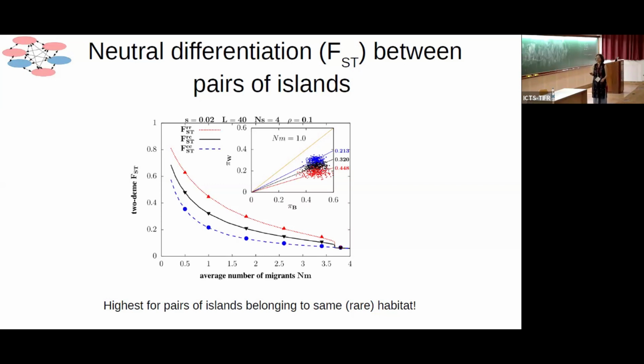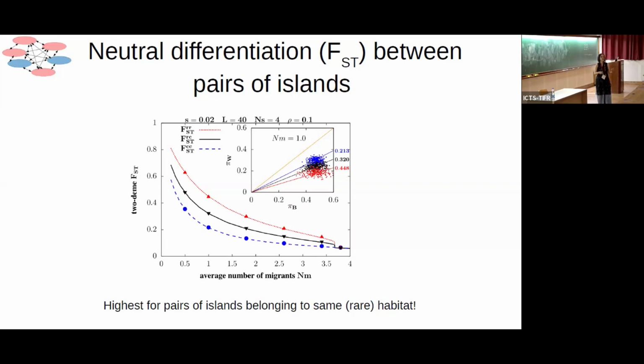But of course, you could sample the two demes quite differently. You could sample pairs of demes, pairs of islands, within the same habitat or between different habitats. And actually this relative differentiation is highest for FST-RR, which is the FST between two islands, both of which belong to the same habitat. So there's no adaptive divergence between these, but they both belong to a rare habitat.